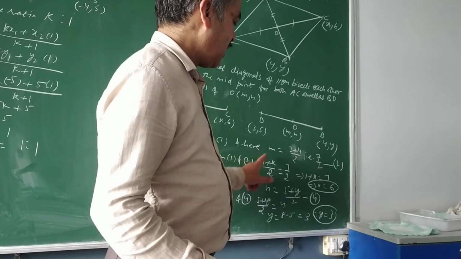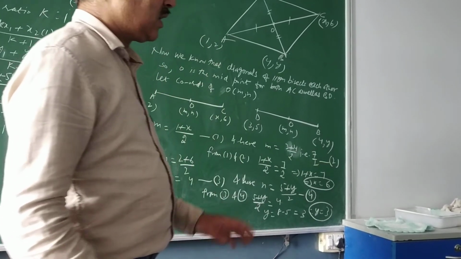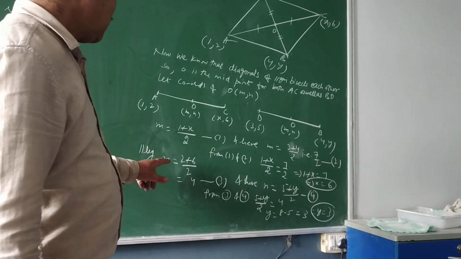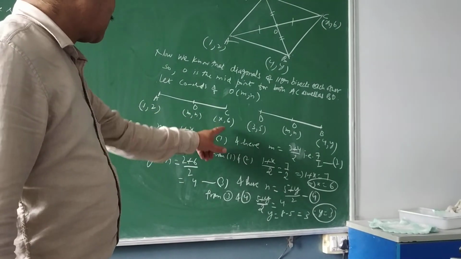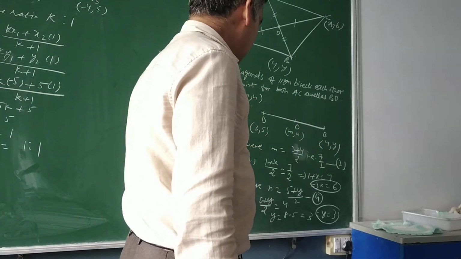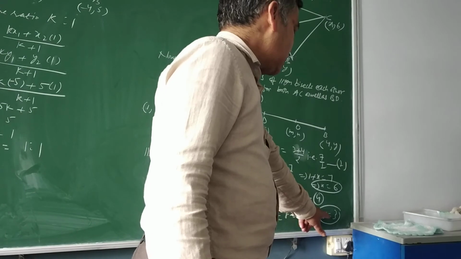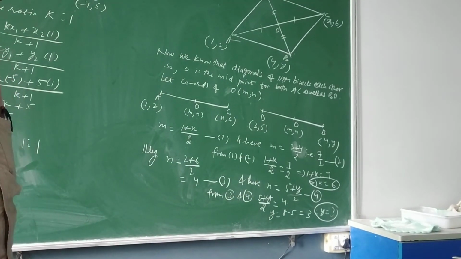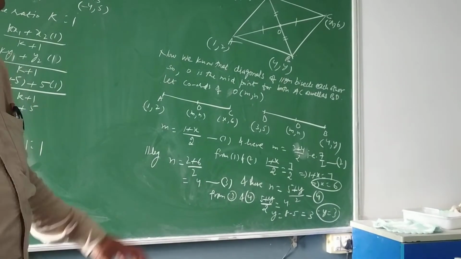That will help you to get the value of x is equal to 6. Similarly, you go for the value of y. In case of n, it will be 2 plus 6 upon 2, and here it will be 5 plus y upon 2, and equate the two to get the value of y, that will be equal to 3. So x is equal to 6 and y is equal to 3 will be the answer for this.